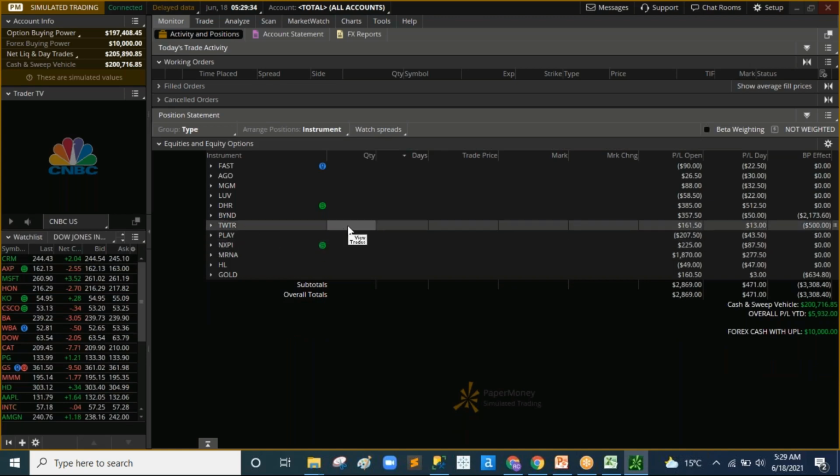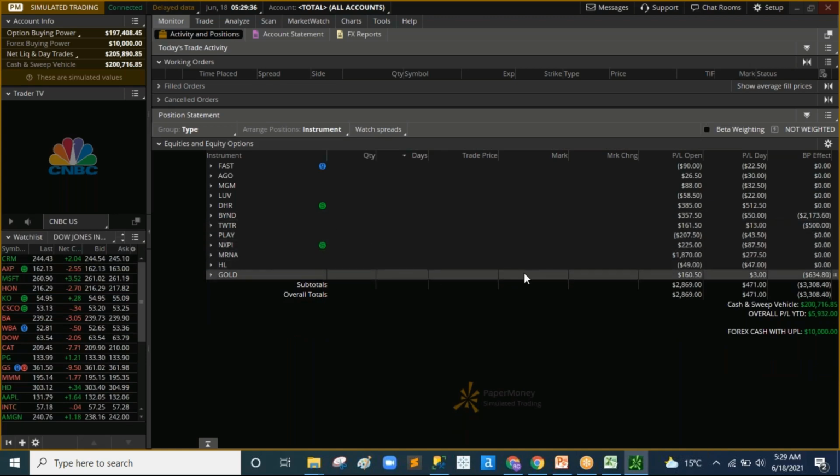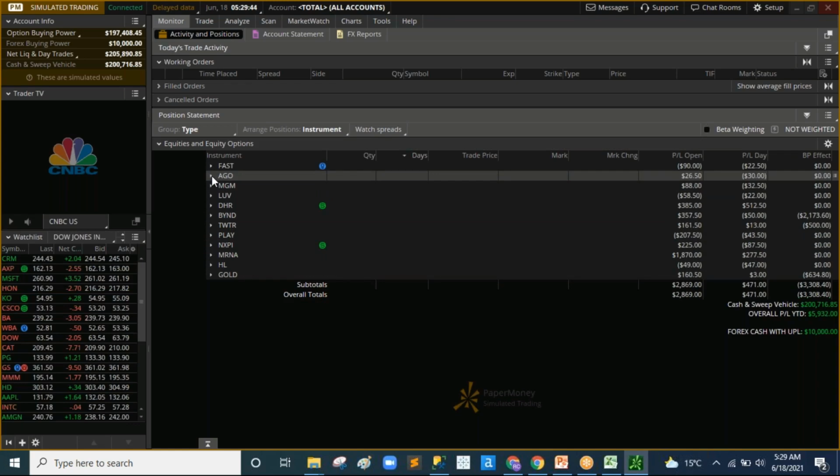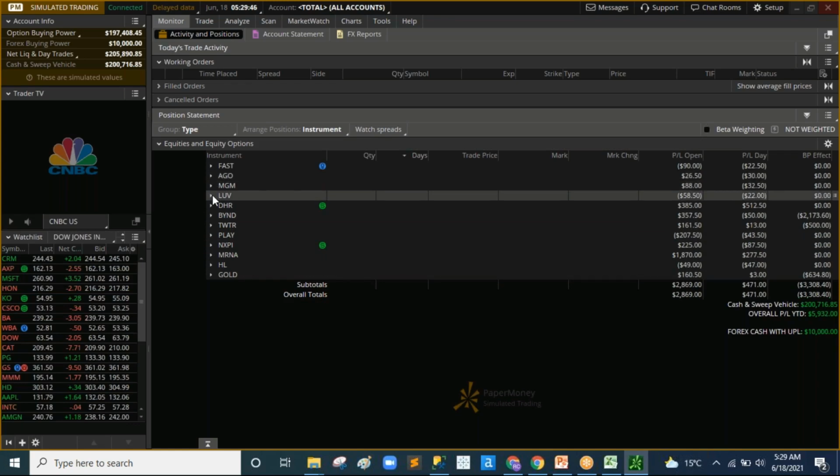I think there's some trades here. I'm going to review them and see the possibility of maybe closing first.